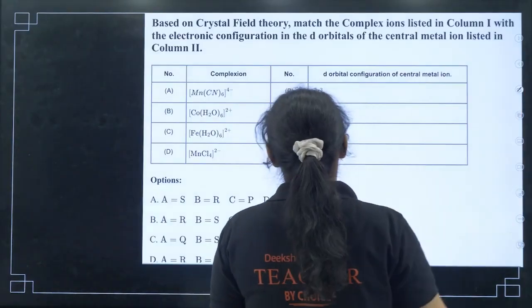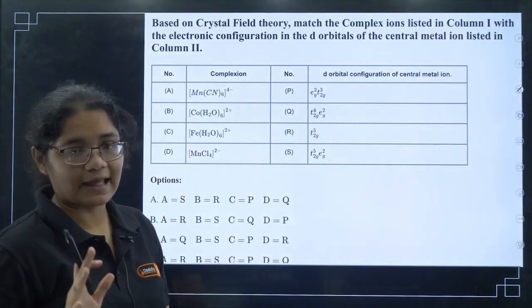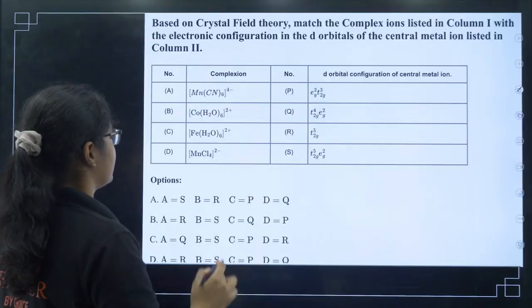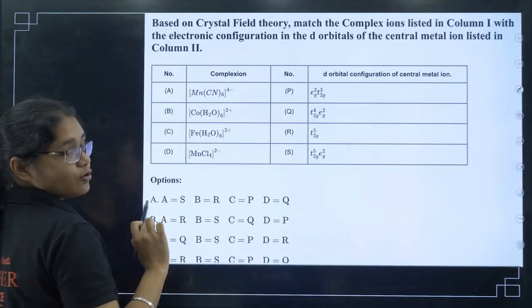Okay, next we have to match here the electronic configuration and the structure. Okay, Mn(CN)6 4-, that means Mn2+ is there, d5 configuration.